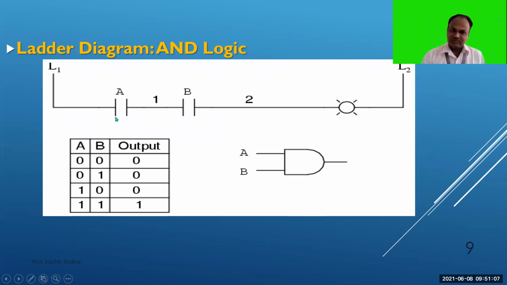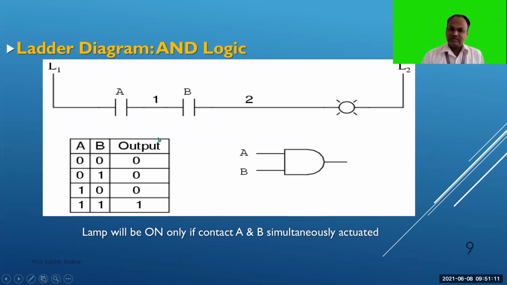If one is 0 and the other is 1, the output is still 0. But only if both buttons are actuated simultaneously will the output come. So 1, 1 gives 1. The lamp will be on only if contacts A and B are simultaneously actuated. You have to remember that.